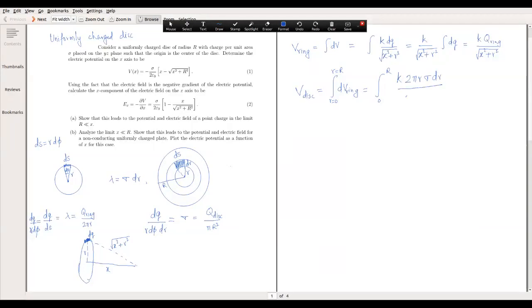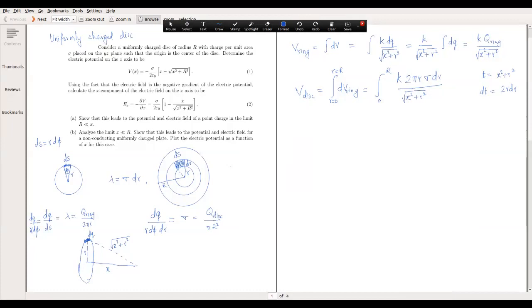Now since the integral is over r, we have to do this integral. A substitution that helps for this integration is t equal to x squared plus r squared, and that leads to dt equal to, x being fixed in this integration, 2 times r times dr. 2 times r, that's the differentiation of r squared.